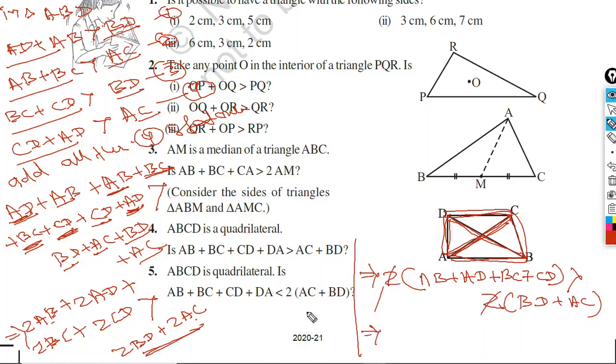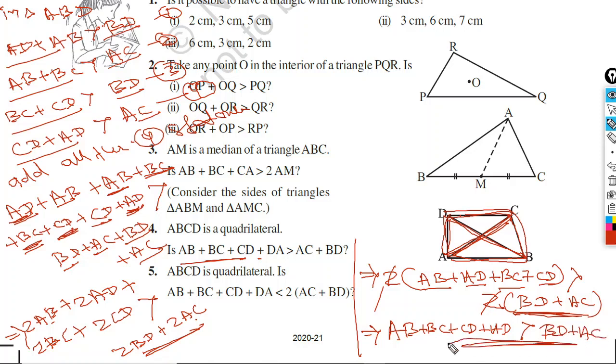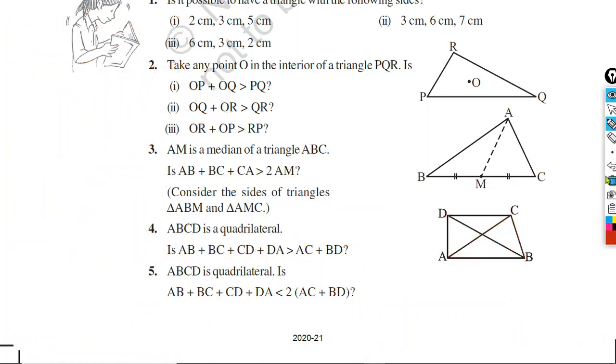Rearranging, AB plus BC plus CD plus AD is greater than BD plus AC. So this is proved. Yes, it is true for question number 4. Now we'll move to question number 5.